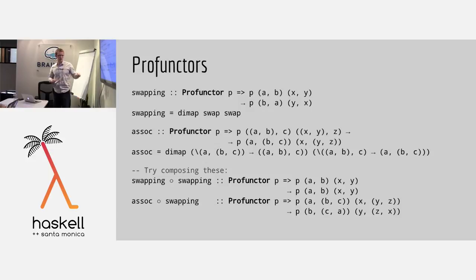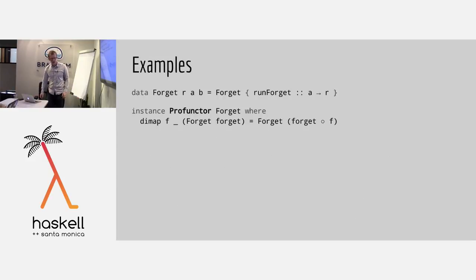Okay, so in a way, this is just a way of doing type level permutations and swaps and all that kind of stuff. Anyway, so the takeaway is there's some sort of relationship between profunctors and isomorphisms, and it's interesting. And that's the jumping off point for the lenses stuff. Okay.